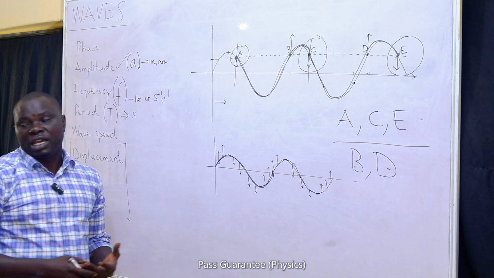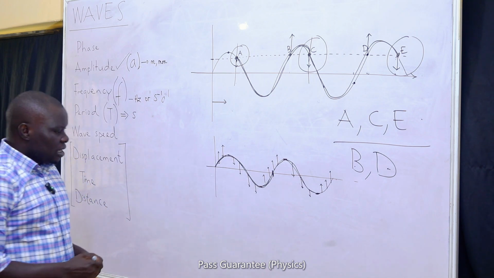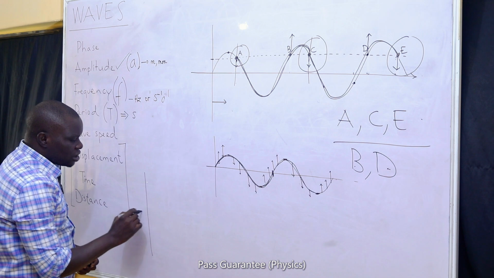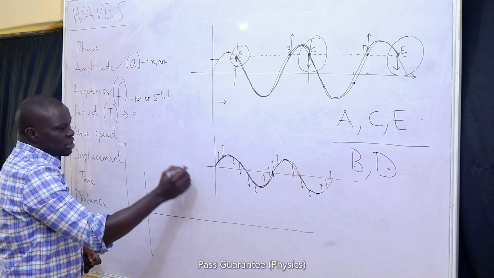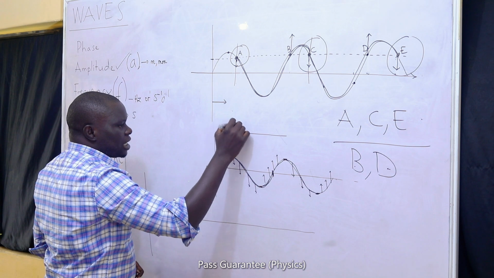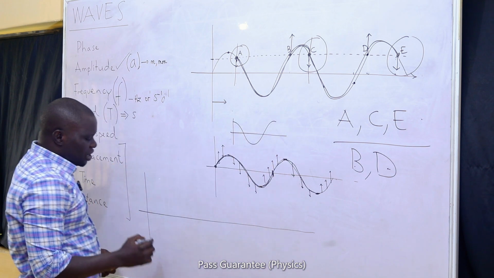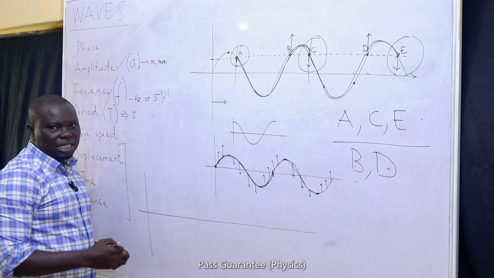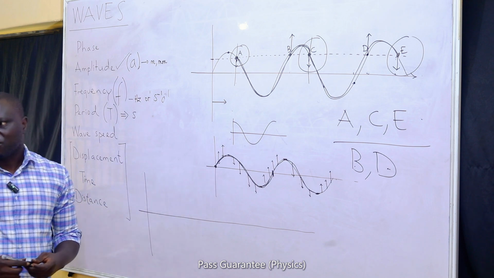I can give you 2 points that are in phase. When a graph is starting from the origin, you understand it. When a graph is starting from the maximum point, you understand it. But I can give you a graph that is not starting from the maximum point and is also not starting from the origin.